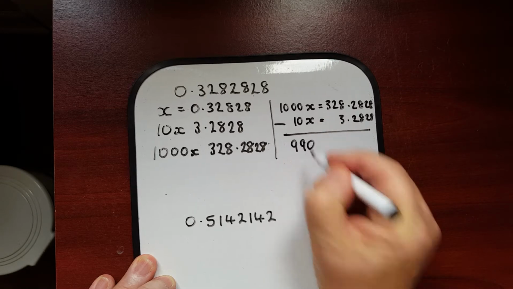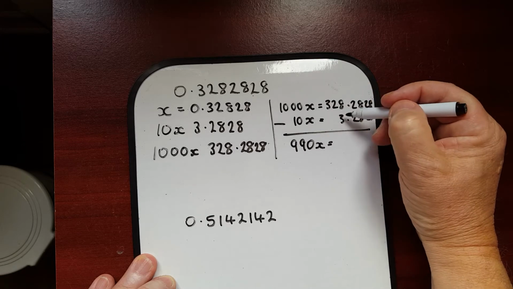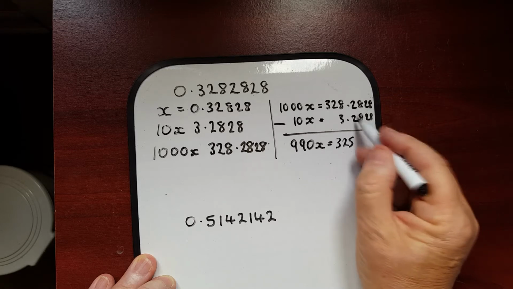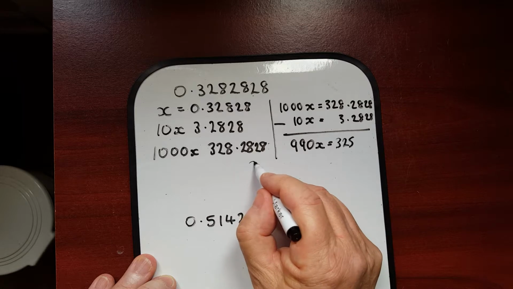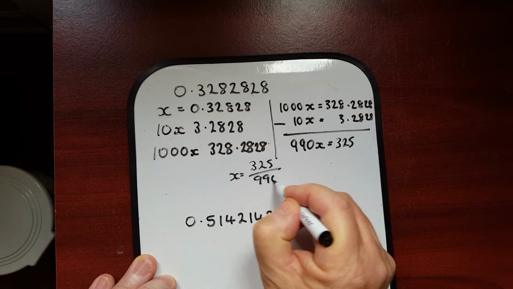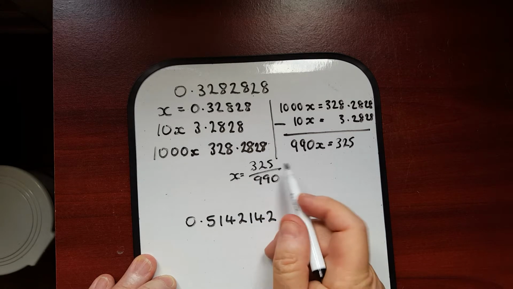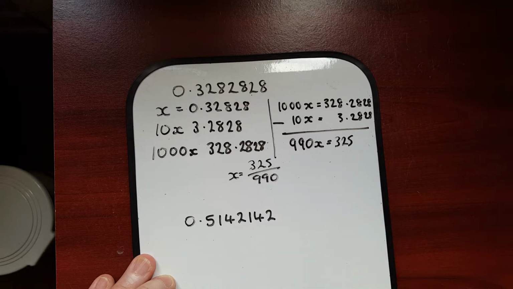I do apologise. 990 x's. 328 take away 3 is 325, and all of those 2 8s disappear. So what we end up this time with is 325 over 990. That clearly is possible to simplify, because both of those things can at least be divided by 5. I'm not going to do that right now though, because you can do simplifications for yourself. It's getting to this point that matters.